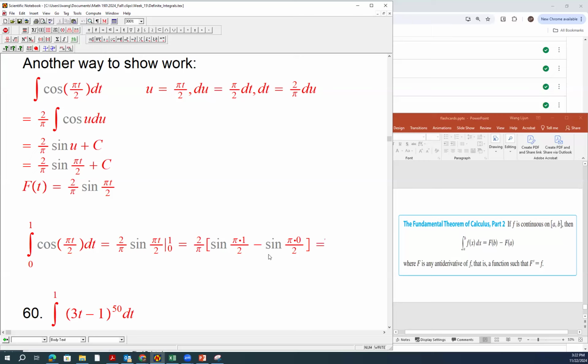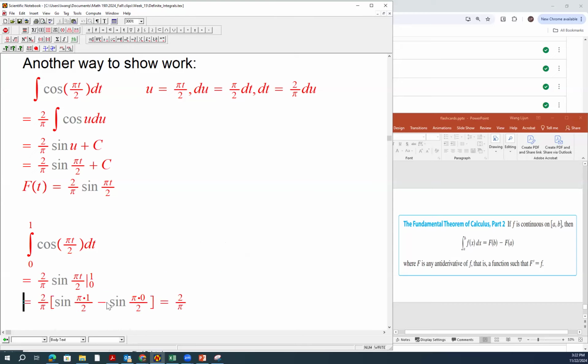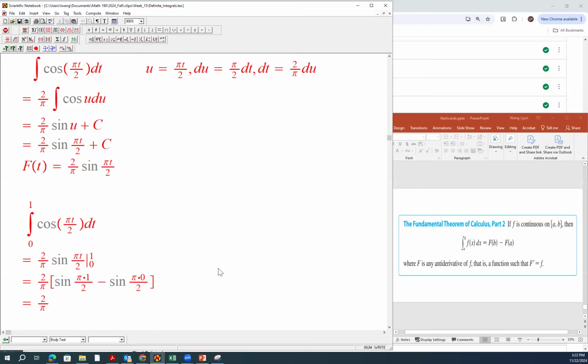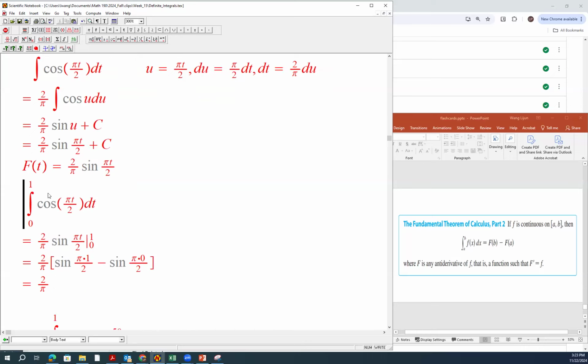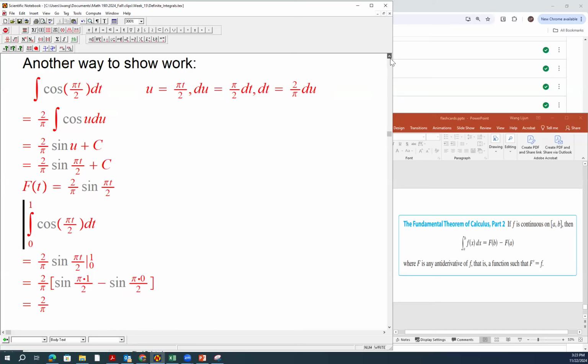Of course, in the end, we're getting the same answer. You can line them up like this. But do not mix it up. You just find your antiderivative, use your antiderivative, and then apply the fundamental theorem of calculus part 2.